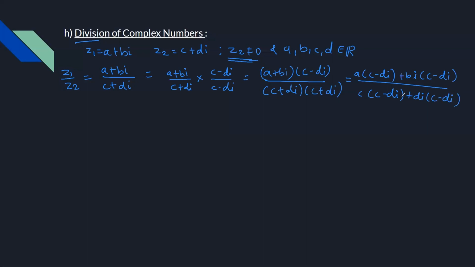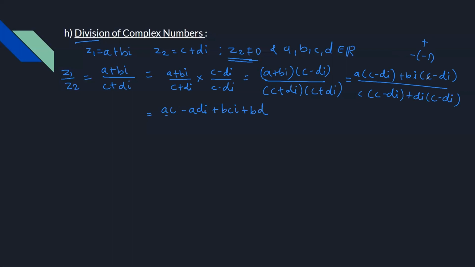Now we'll solve this step by step. a into c will be ac, then minus adi, then plus bci. Here plus and minus will become minus, and i into i is i square, which is minus 1. So minus minus will become plus. So I will write here plus bd.